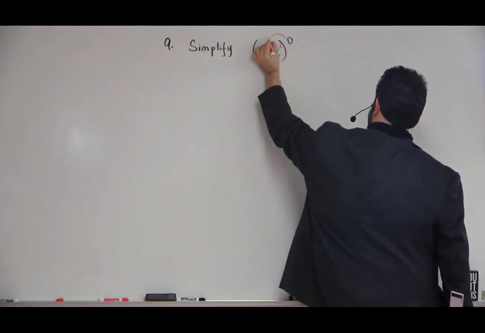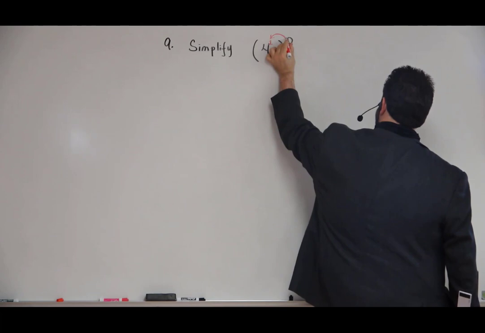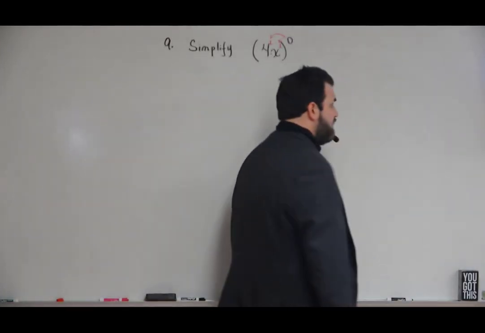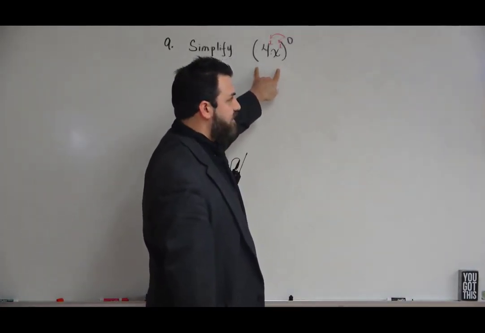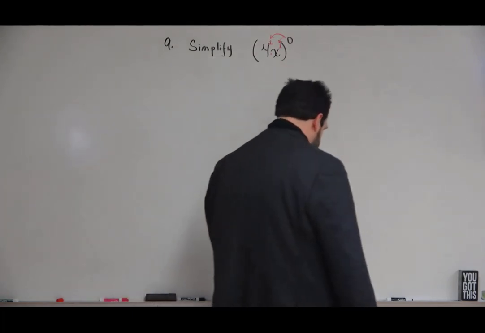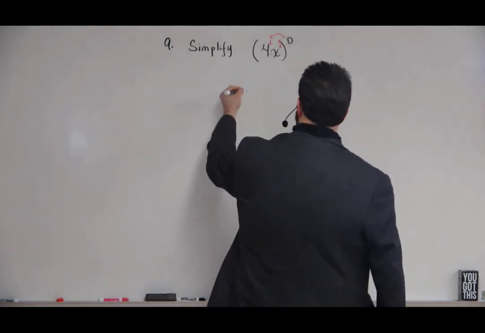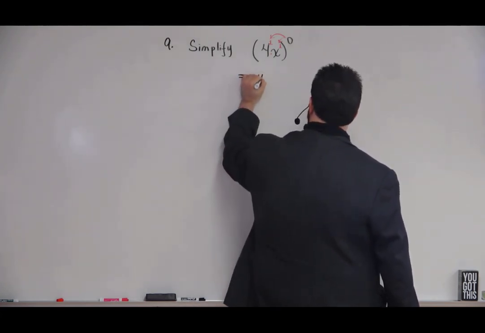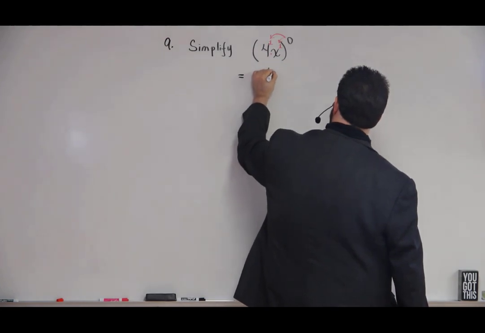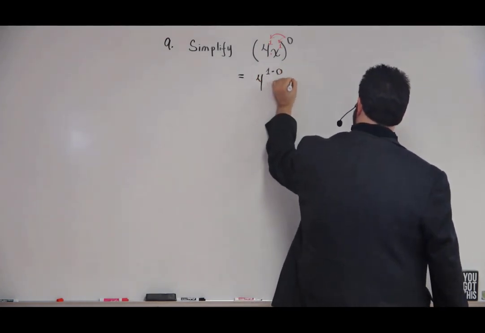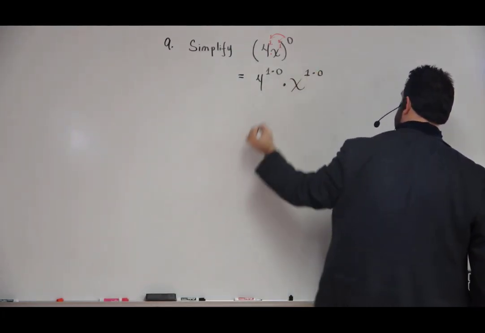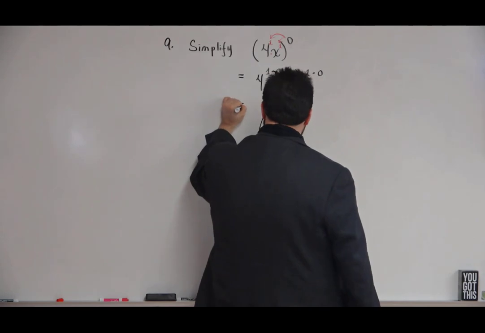We're just trying to get this all labeled for you, that we're going to multiply the 0 into every term inside these parentheses. So let's see what that looks like. We have 4 raised to the power of 1 times 0 times x raised to the power of 1 times 0.